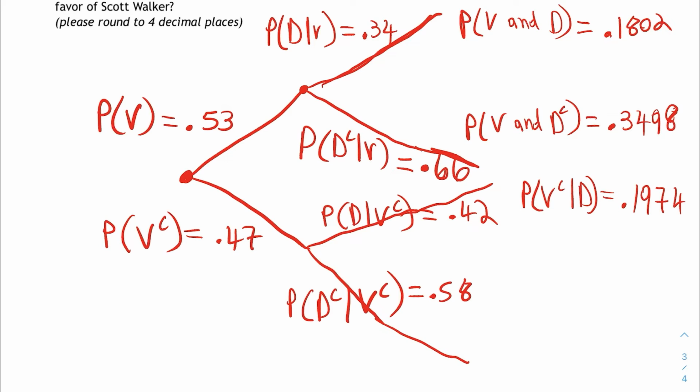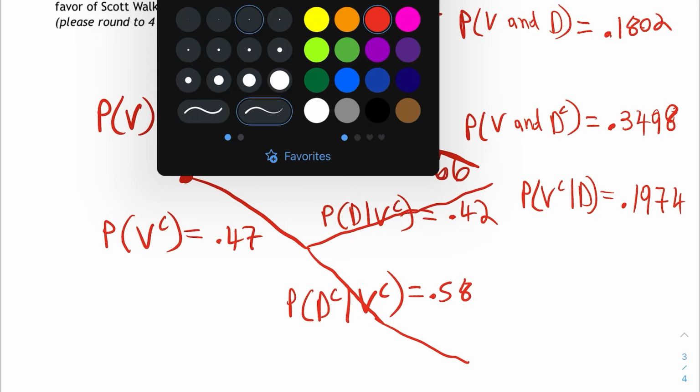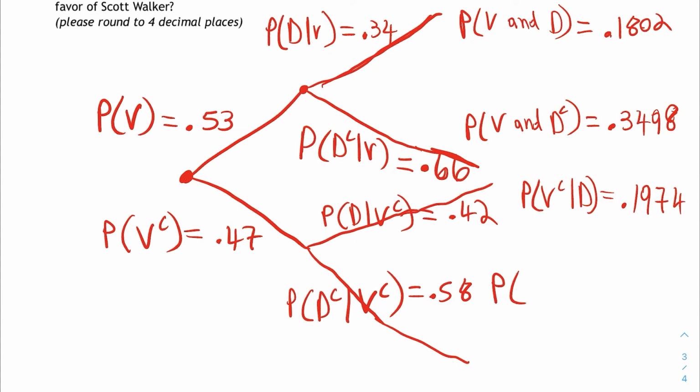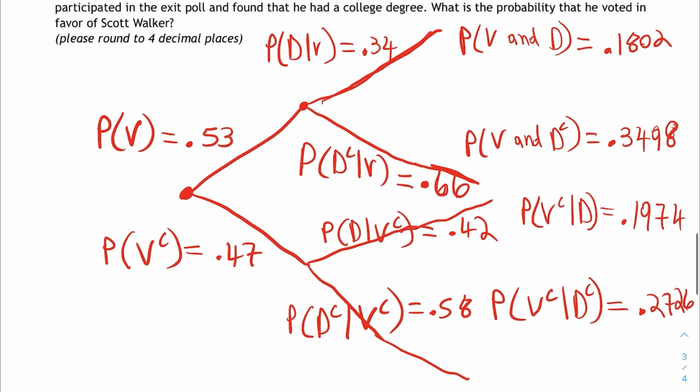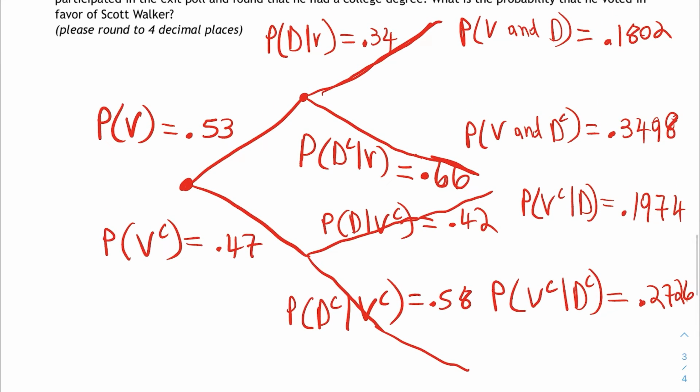And lastly, we have the probability of not having voted for Scott Walker given that you do not have a college degree. And that's equal to this product here of the conditional and the marginal, and that's going to be equal to 0.2726. Okay, now, none of that gives us the probability we actually wanted.